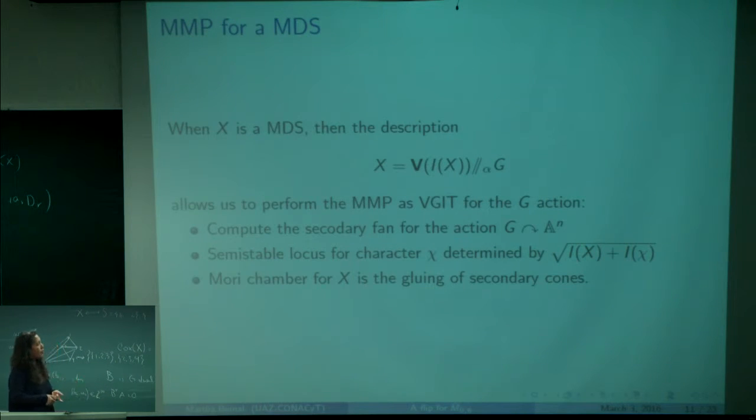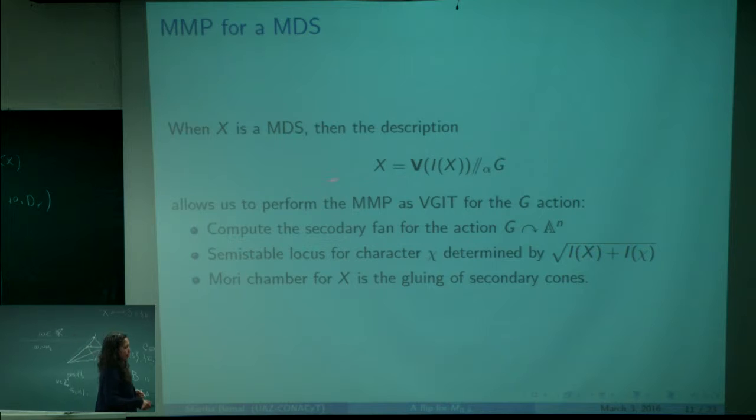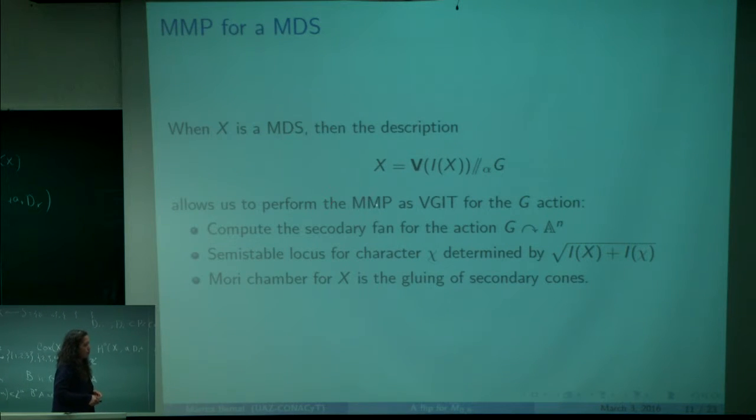So what happens for a Mori dream space? Well, if you have a Mori dream space, you can perform GIT on the ambient space. Remember, Mori dream space means you have the presentation of the Cox ring, and you have an ideal, and you can recover the variety here. So if you have all this information, you can perform variation of GIT on the action of G on the ambient affine space.